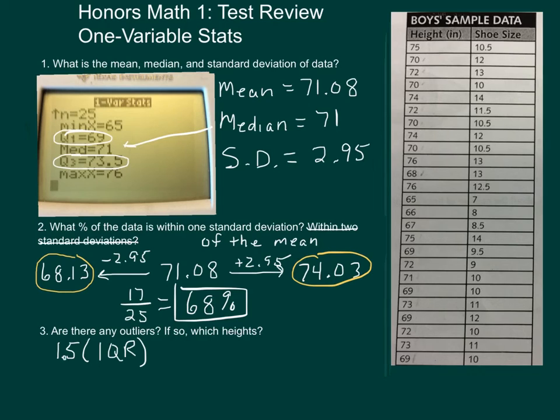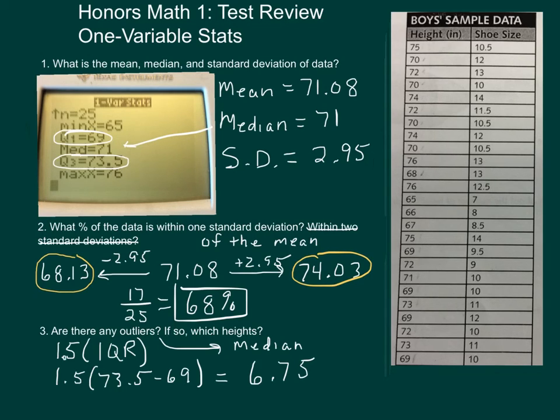So if I do 1.5 times 73.5 minus 69, that's 4.5. And 4.5 times 1.5 is 6.75.